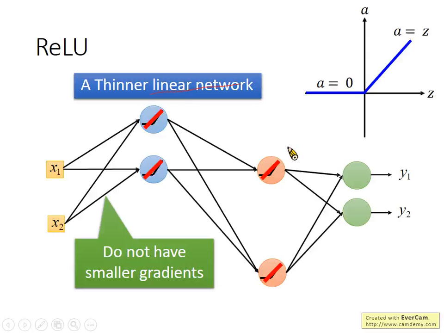At this time we may remove some subset of the nodes, and at the next time we may remove another subset of the nodes. Okay, so we can view the whole neural network as a thinner linear network, or we can see the whole neural network as a collection of thinner linear networks. Okay, so right now we do not only consider one neural network. Actually, we can view them as a collection of smaller and simpler networks.